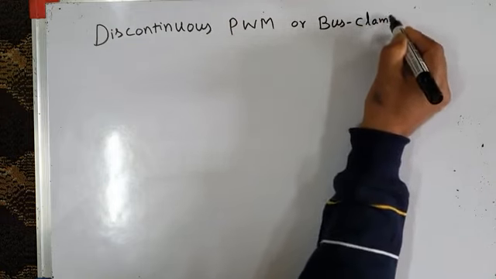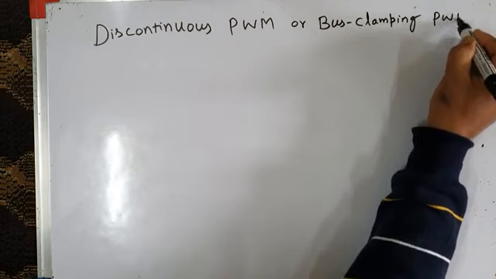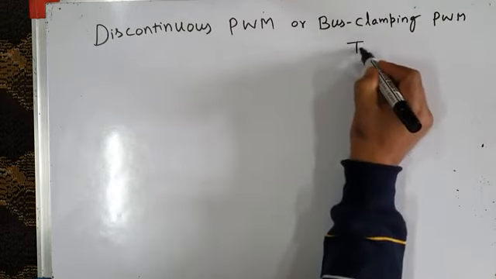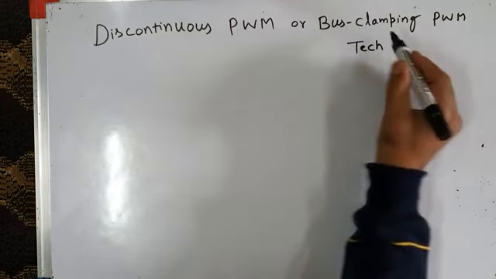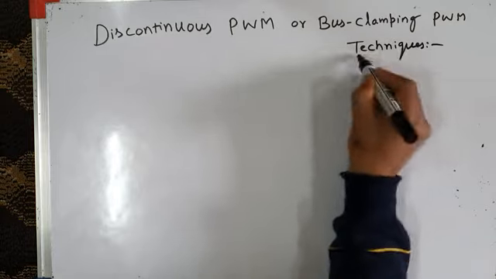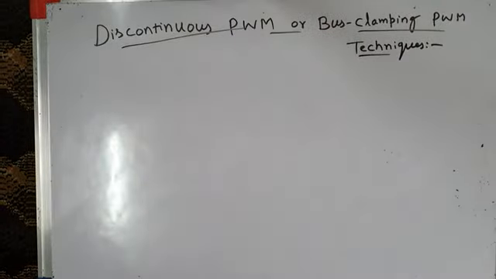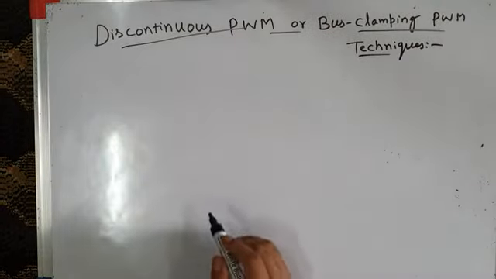We have already discussed bus clamping PWM techniques in single phase PWM voltage source inverters. We are going to discuss various types of bus clamping PWM techniques in three-phase PWM voltage source inverters. They are also called discontinuous PWM techniques.